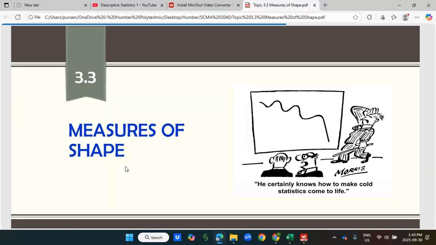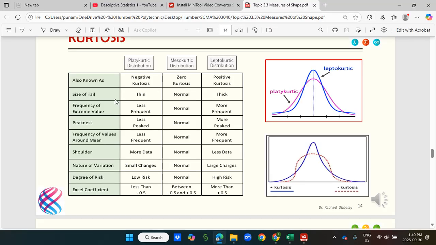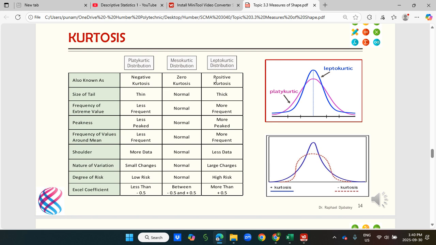So if you are getting negative kurtosis, that is called platykurtic distribution. If the answer is positive, it is called leptokurtic distribution. And you need to mention it when you describe your work. You need to mention what kind of shape this is.